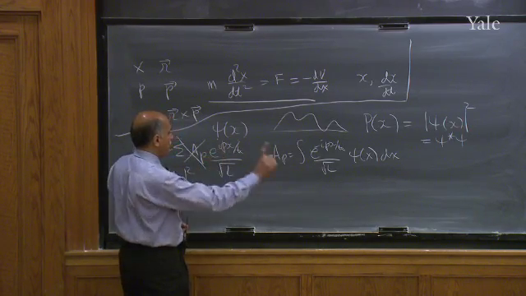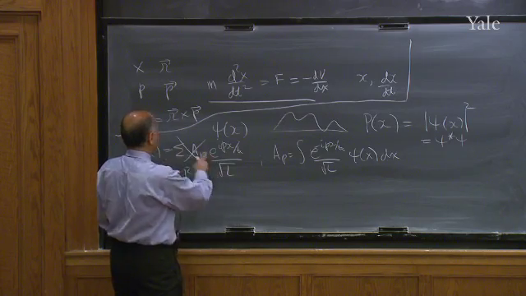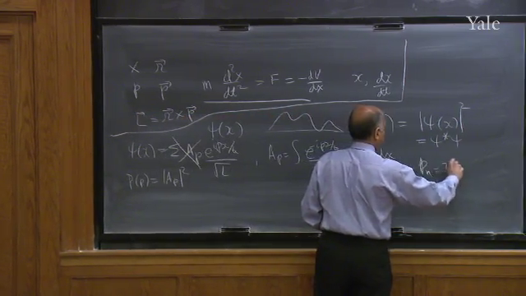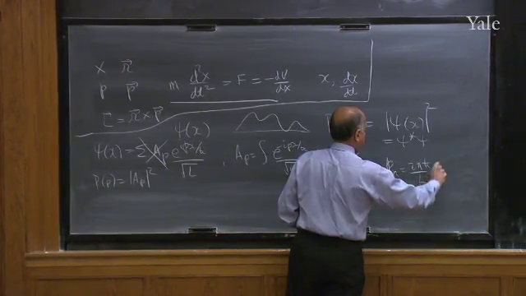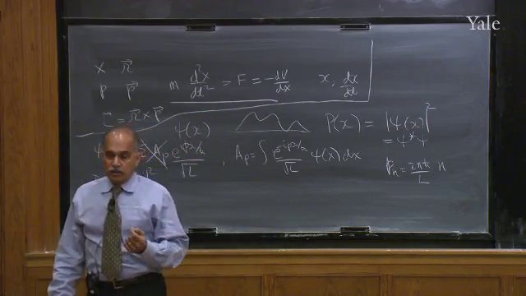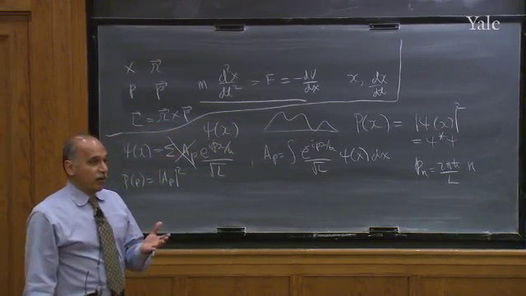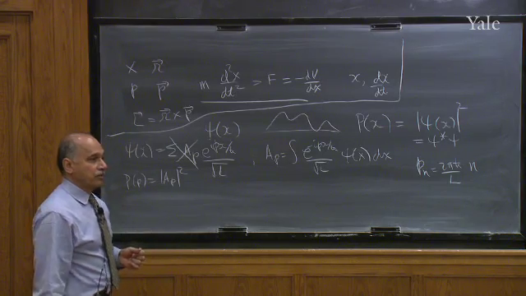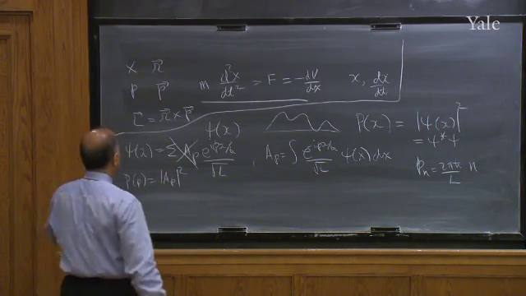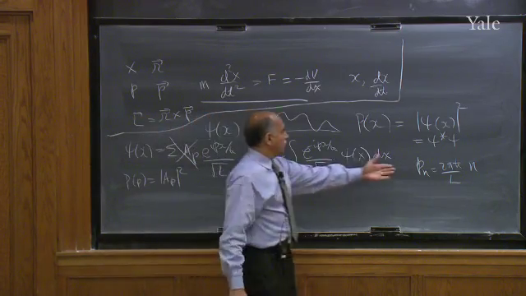We make the requirement that if you go around on a circle, the function should come back to the starting value. Therefore, p is restricted to be 2 pi h bar over L times some integer n. That's a mathematical requirement because if you think psi squared is a probability, psi should come back to where you start. It cannot get two different values of psi when you go around the circle. That quantizes momentum to these values.